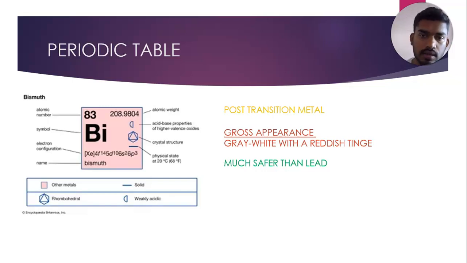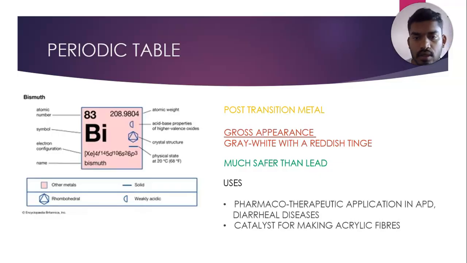In uses, bismuth components are used in modern medicine for all your acid peptic diseases. Some kind of syrups that you take for your acidity, and for diarrheal diseases, will have a little content of bismuth.